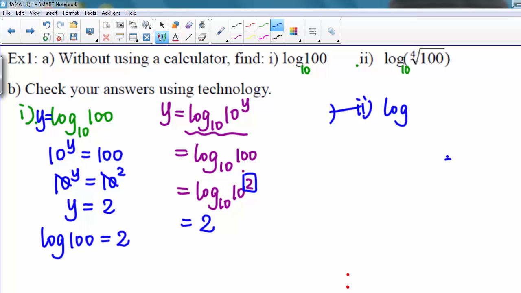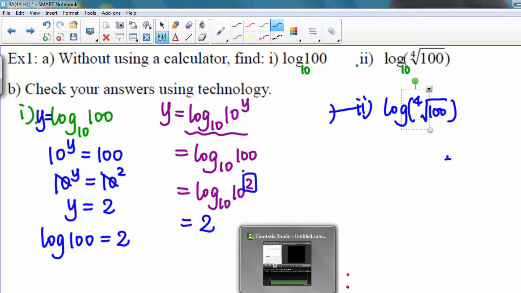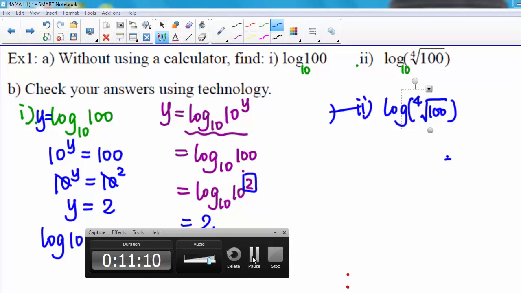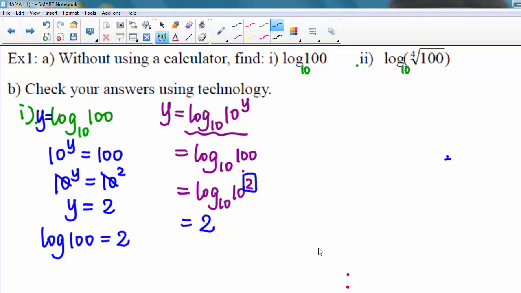Okay, right now let's look at this part, the second one.